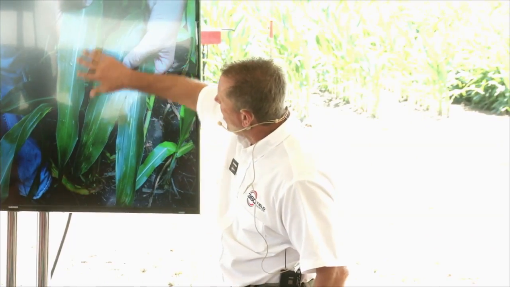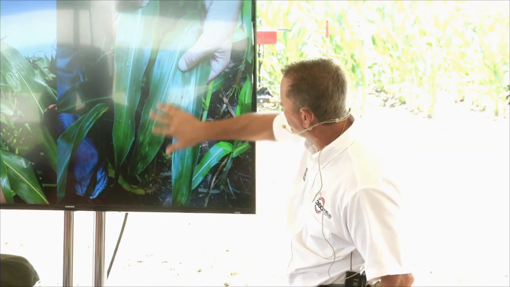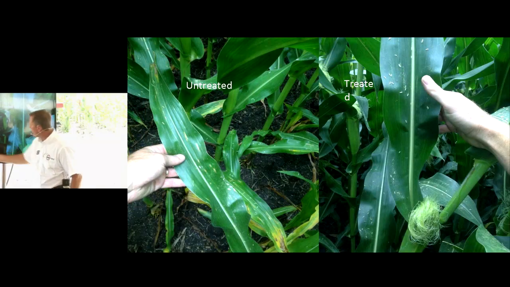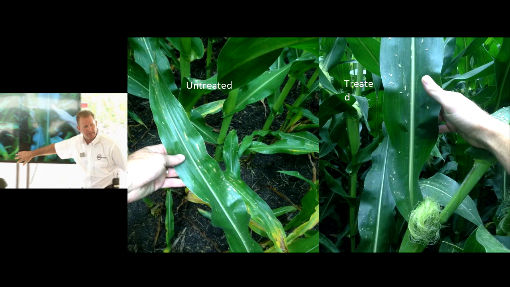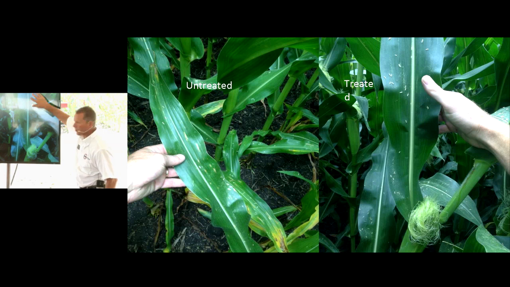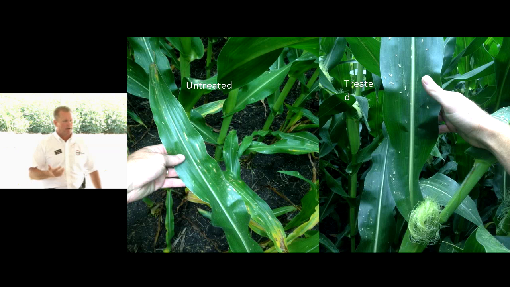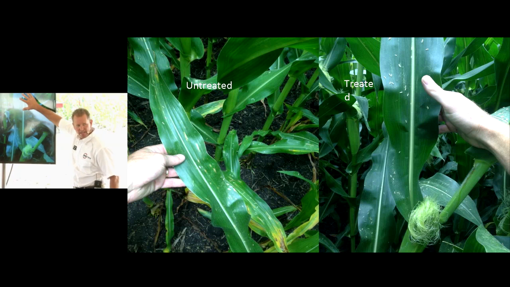Here you can see our first visual of the treated versus the check, and I can see gray leaf spot starting to come in already. Here it's more dramatic, so we're right at pollination. I'm seeing lots of gray leaf spot lesions here. This is my ear leaf. What's important about the ear leaf? It's the number one driver of yield for corn, and it's clean. I mean, it is beautiful.